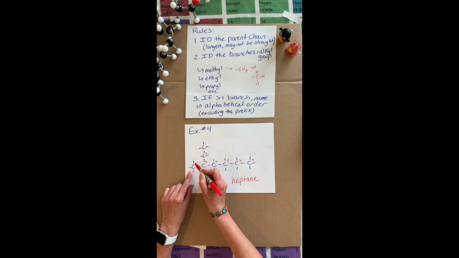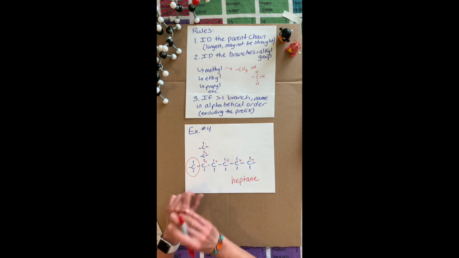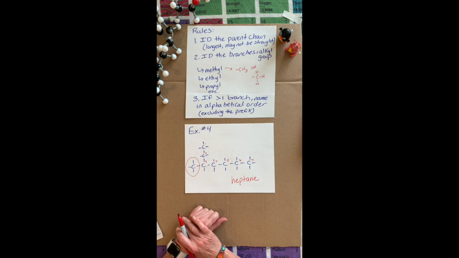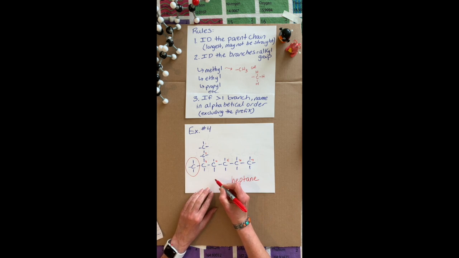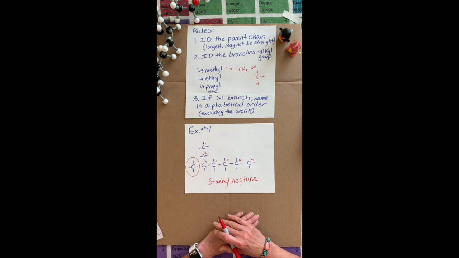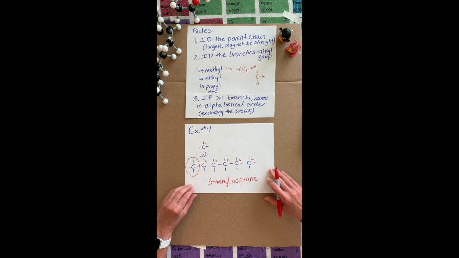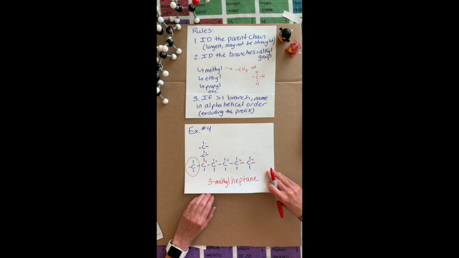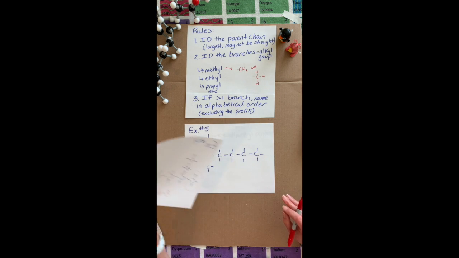So where is this alkyl group? It is on the 3rd carbon. So this is 3-methyl heptane. Okay. Let's see some other examples.